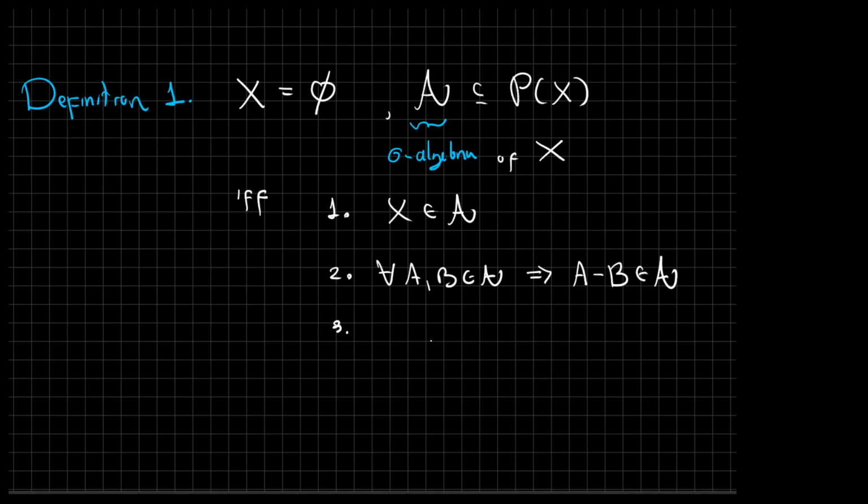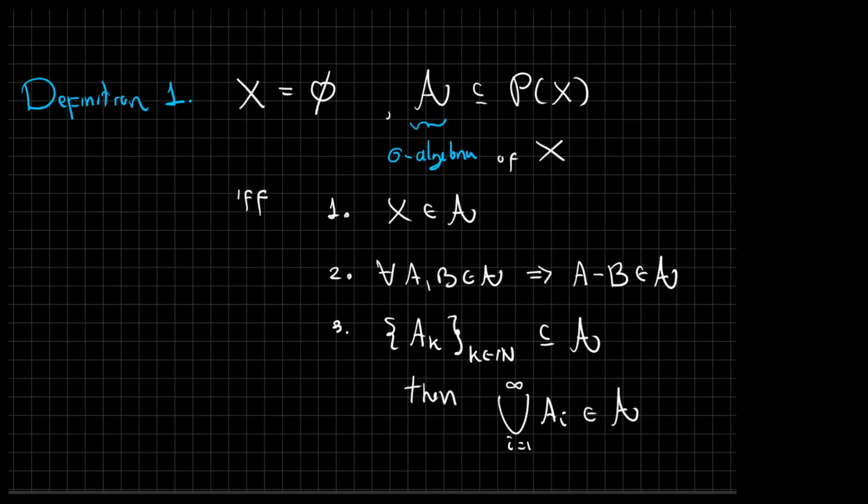And the third property is that if you have a countable family in the sigma algebra, then the countable union of all of these sets is also an element of the sigma algebra.